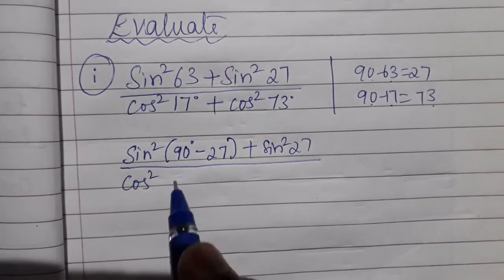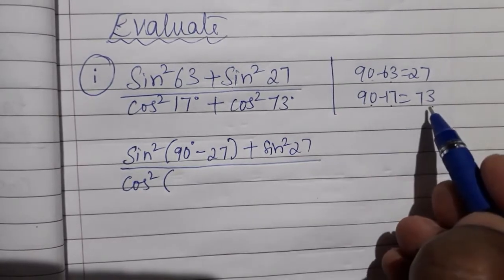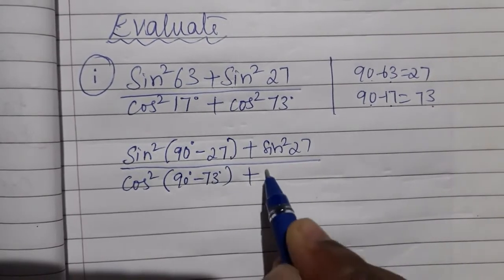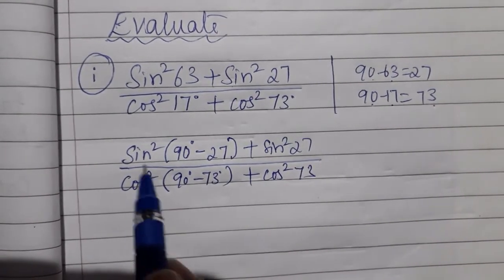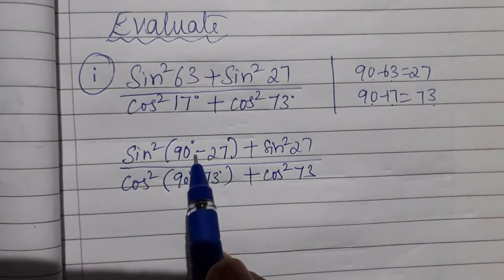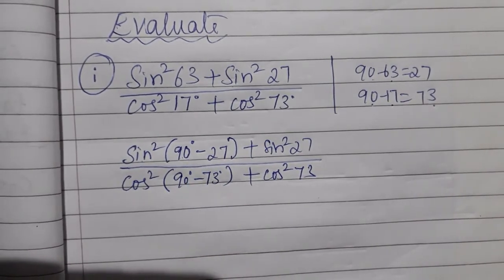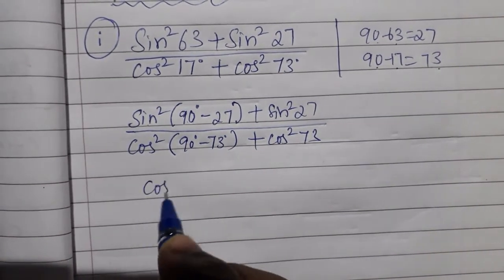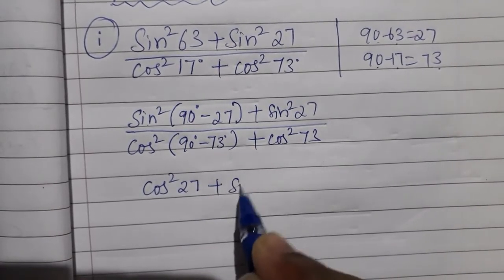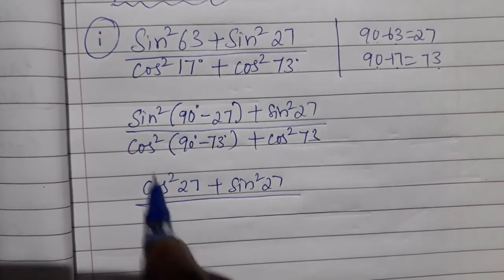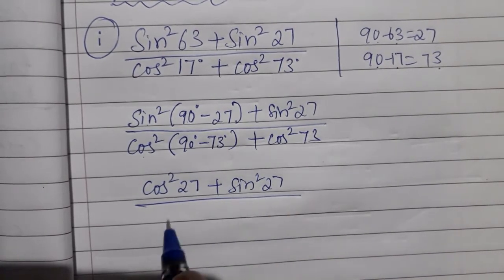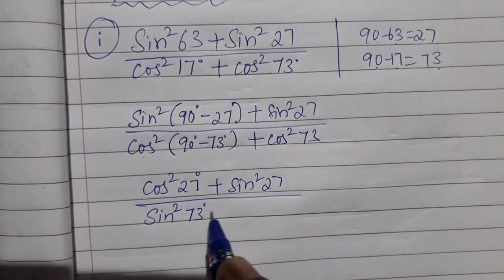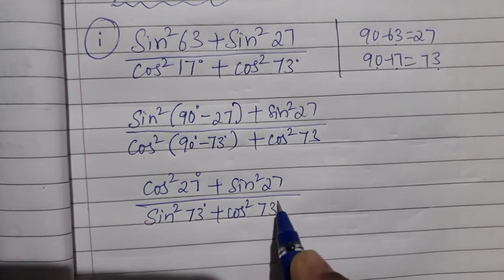Cos² 17 degree can be written as cos² (90 minus 73) degree plus cos² 73. Sin² (90 minus 27) gives you cos² 27. So cos² 27 plus sin² 27, divided by cos² (90 minus 73), which gives you sin² 73 degree plus cos² 73 degree.